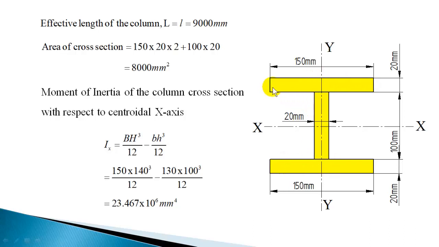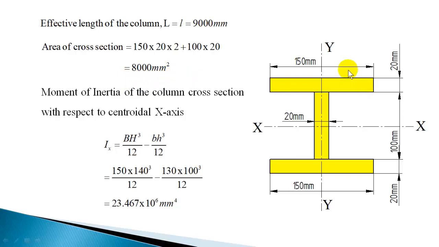The area has to be calculated as 3 rectangles, but 2 rectangles are of the same size. 150 into 20, a top flange, and bottom flange 150 into 20. So 150 into 20 into 2 will give the area of both the flanges, and the web portion you have 100 into 20. So the total area of cross section is 8000 mm square.